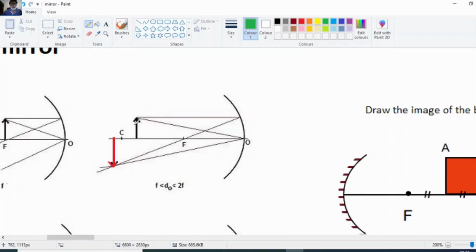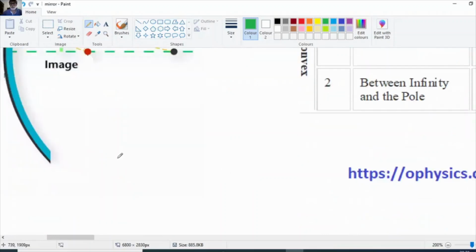As you see, when the object is between the center and the focal point, the image is formed somewhere here behind the center. If you draw the ray diagrams, you can locate the image somewhere here. So let's go back to our question.